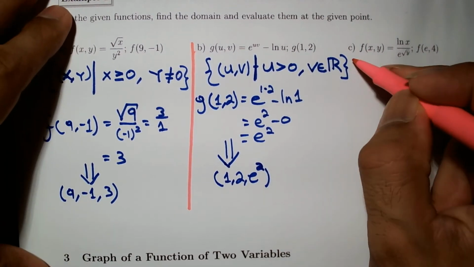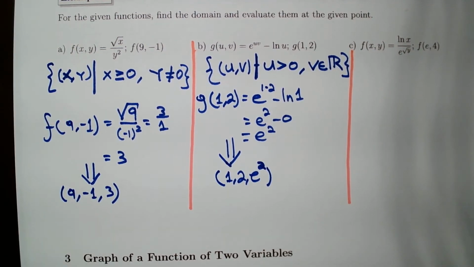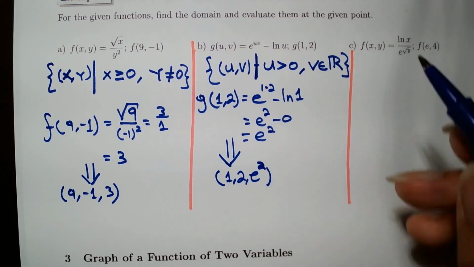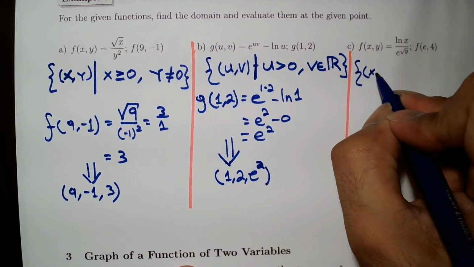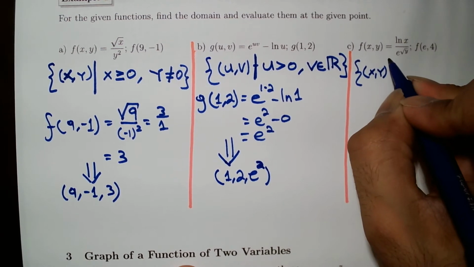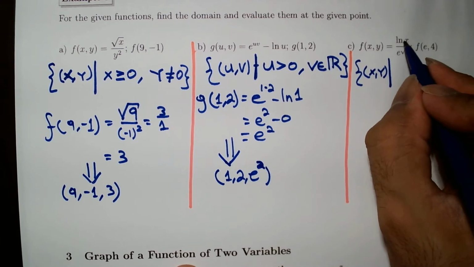Let's look at the third example. For the third example, we have a combination of pretty much everything here. So let's see, in this case we have x's and y's back again. The domain will be the ordered pairs (x, y) such that, well, what about x?